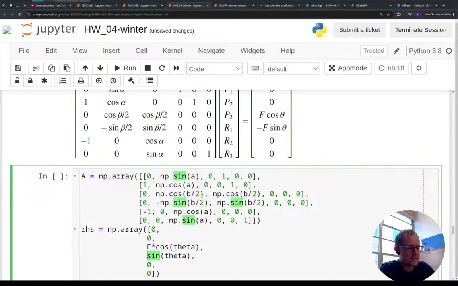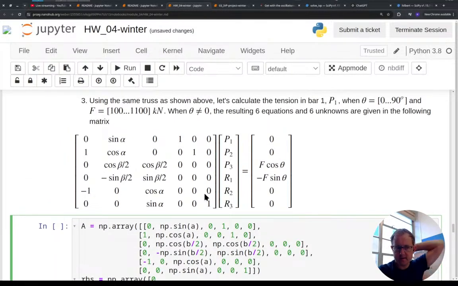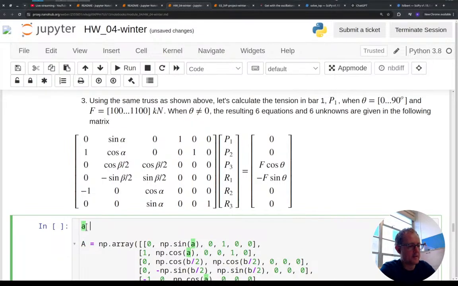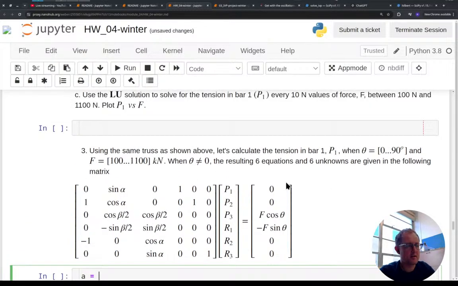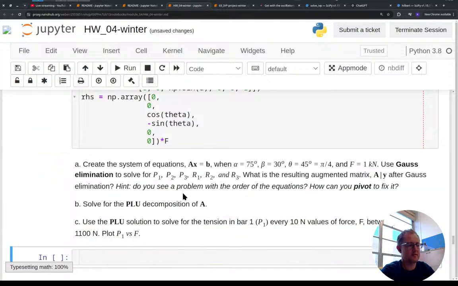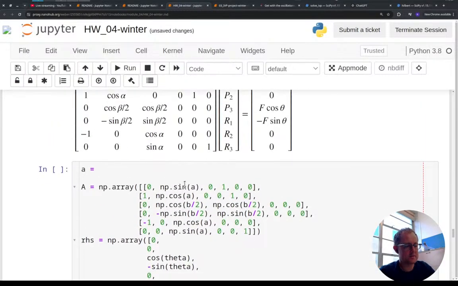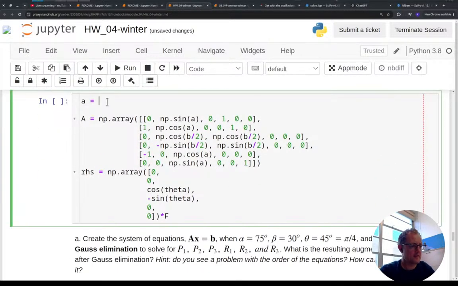I'm going to take this F out of here and put it on the outside like this, just because I can. F times 0 is still going to be 0. F times cosine theta is now what I wanted to put in there. And then I should probably have a, so A was 75, right? 75 times np.pi over 180.